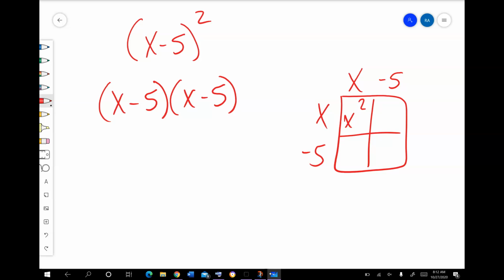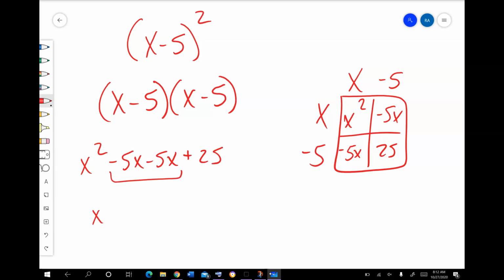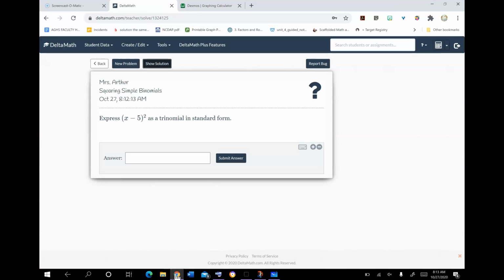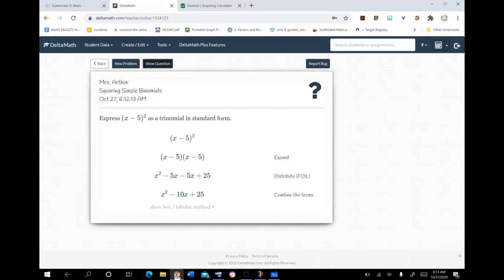There'll be x squared, negative 5x, negative 5x, and then 25. These two negative 5x's combine to a negative 10x. So x squared minus 10x plus 25 is your answer. We'll go up here, show solution. Ta-da!